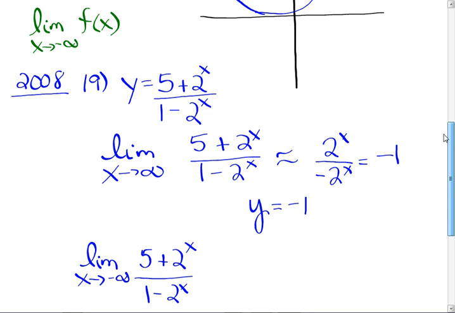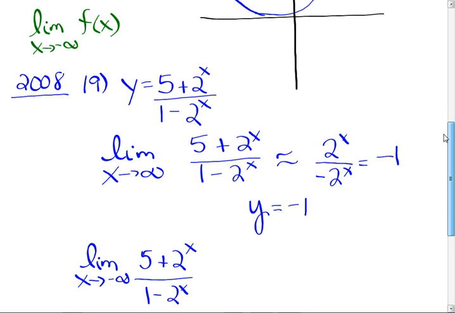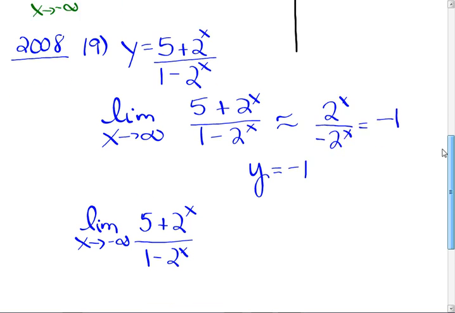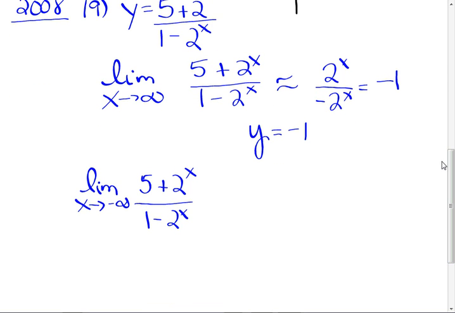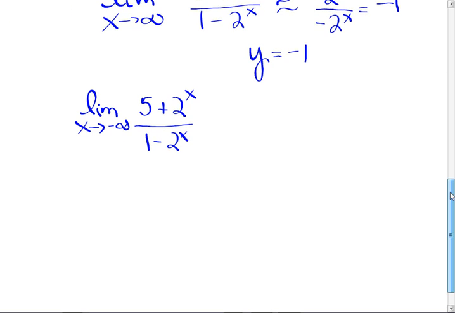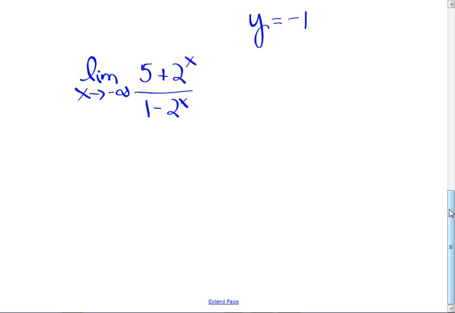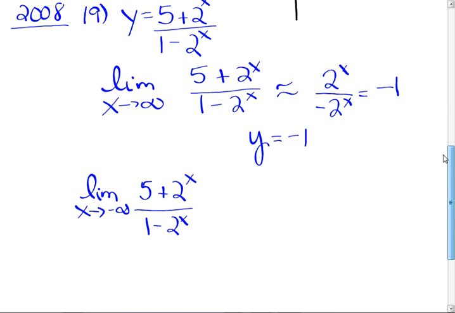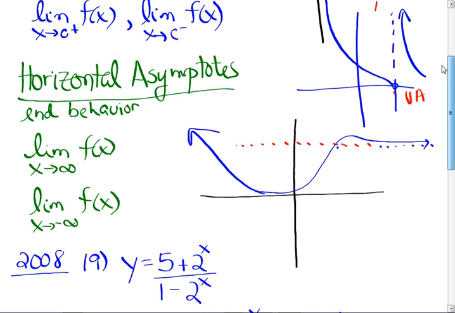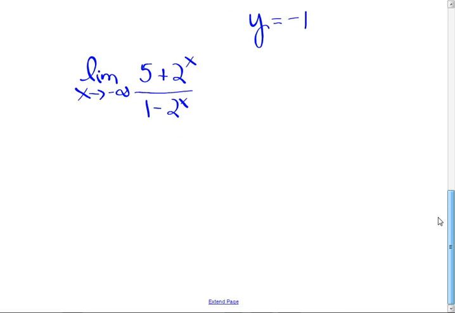They've made a point of saying the teachers need to teach this. When you do horizontal asymptotes, you must look at both positive infinity and negative. It's not the same. If you don't believe me, put it on your graphing calculator and take a look. Horizontal asymptotes, you're looking at end behavior.